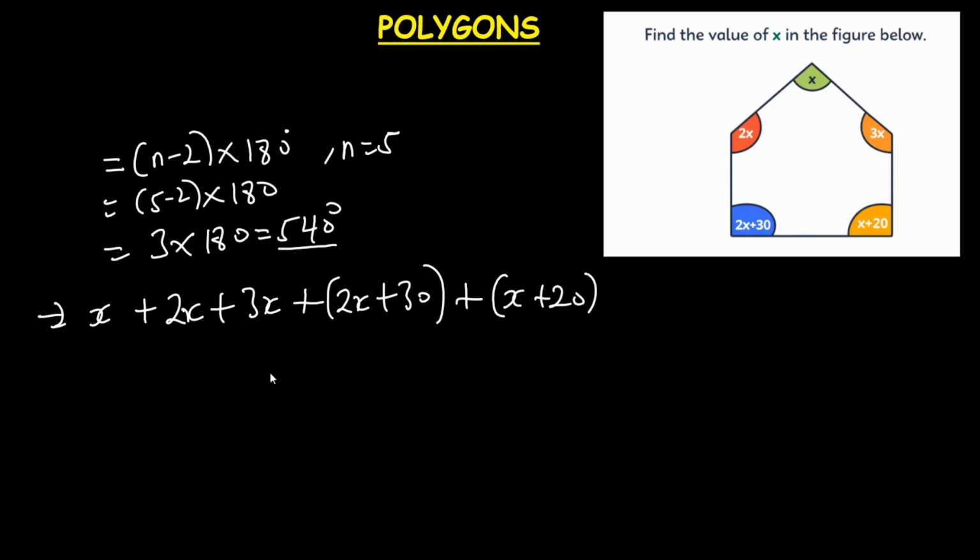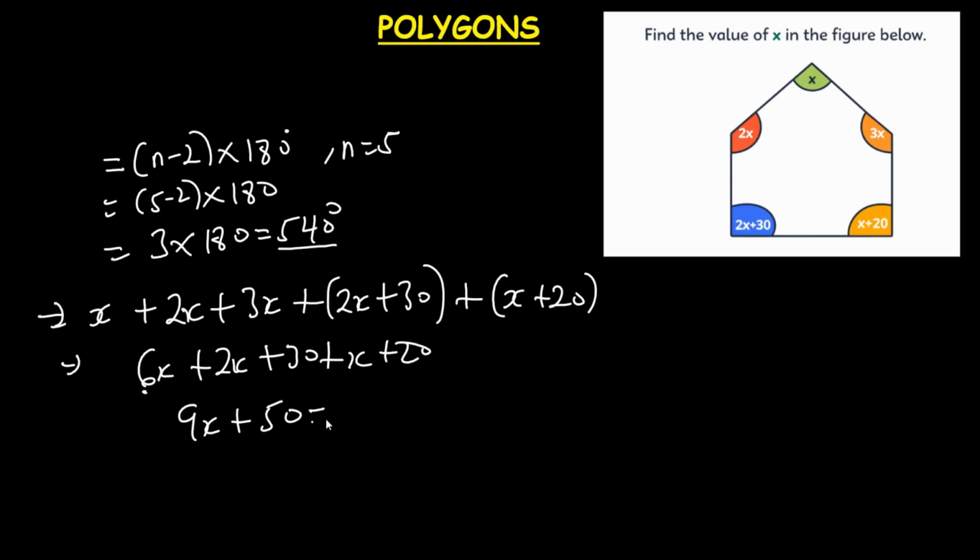plus 20. So here we're going to have 6x, 2x plus 30 plus x plus 20. Now x plus 2x plus 6x gives 9x, plus 30 plus 20 is 50, is equal to, as you know, the sum of these interior angles, which is 540.